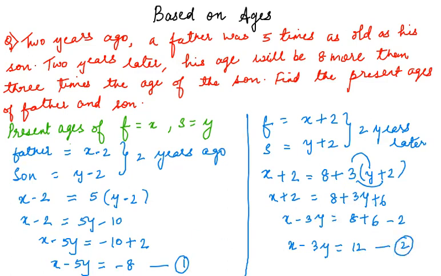Once we have the two equations, we can either apply elimination or substitution. The two equations being X minus 3Y is equal to 12 and X minus 5Y is equal to minus 8. So let us subtract the two equations. For that, we need to change the signs for the second expression.